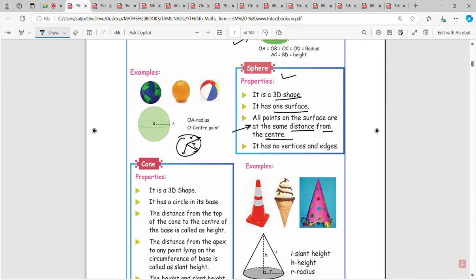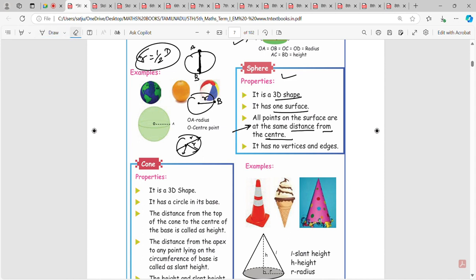Wherever you are marking here, that's a diameter, right? The line joining any 2 points on that circle becomes the diameter. Then from the center to that point becomes a radius, or in other words, radius is nothing but half of the diameter. So this you need to know.